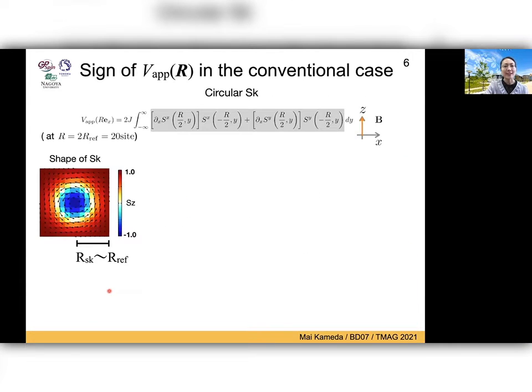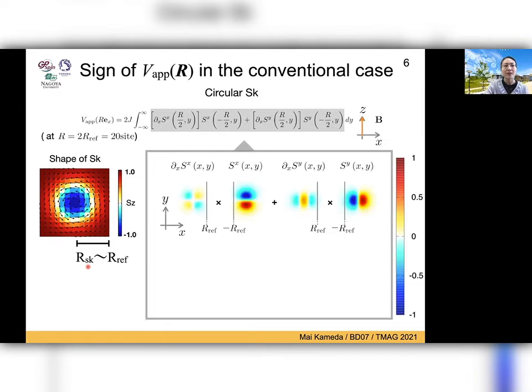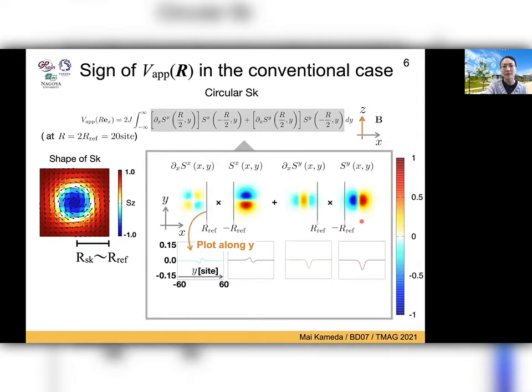We show that the distortion of the skyrmion indeed changes the sign of the interaction. First, we look at the circular skyrmion where the distance is 20 sites. Shown are the two-dimensional profile of each term of the integrand and the y dependence of each configuration at a fixed x site.